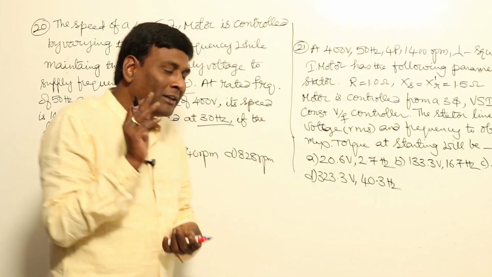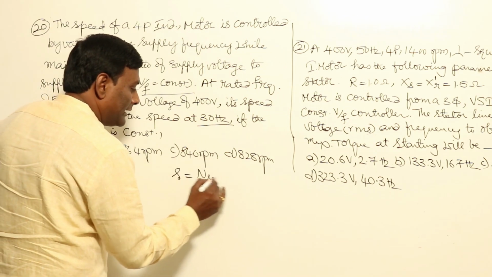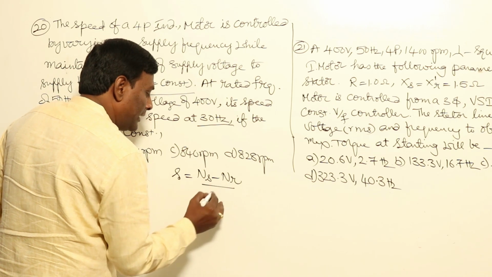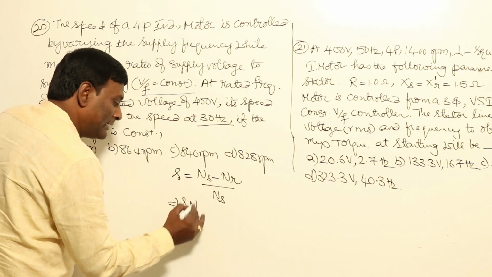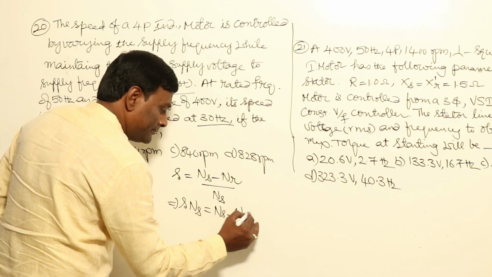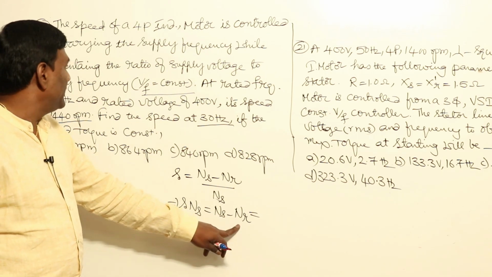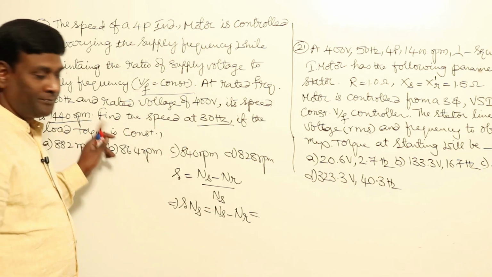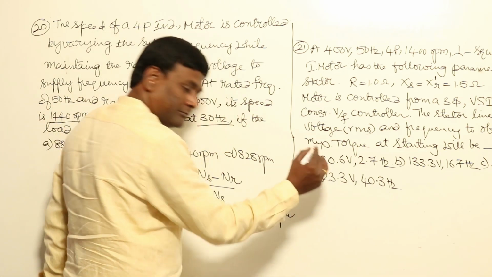So let us calculate S·NS. S is going to be (NS minus NR) by NS. So what is the slip speed here? S·NS is the slip speed, NS minus NR. In the first case, 1500 minus rotor speed 1440, so it's going to be 60 rpm.